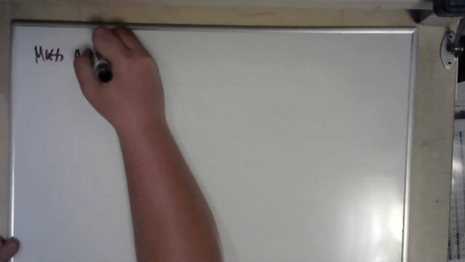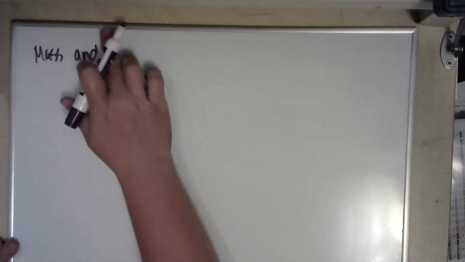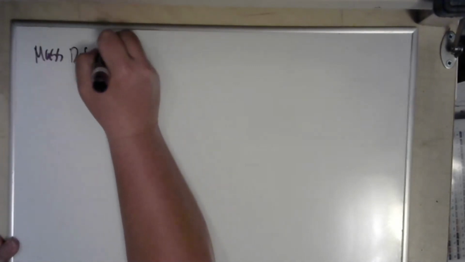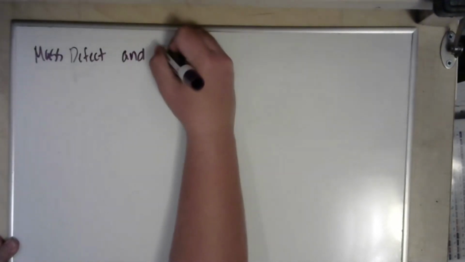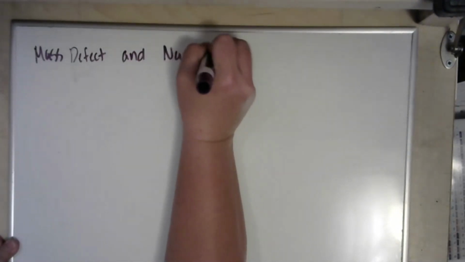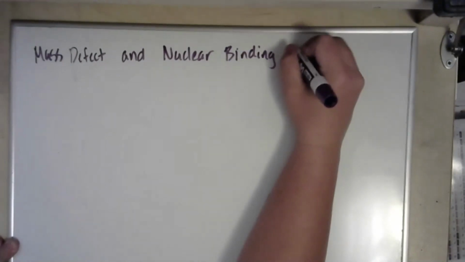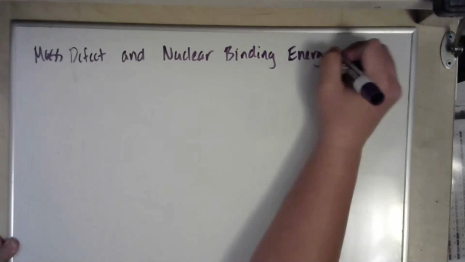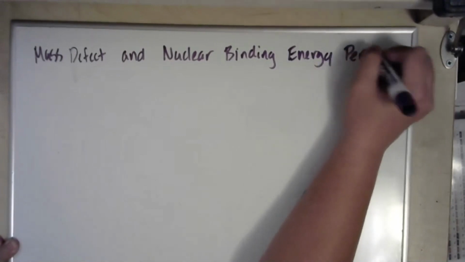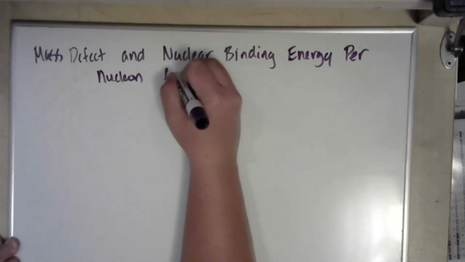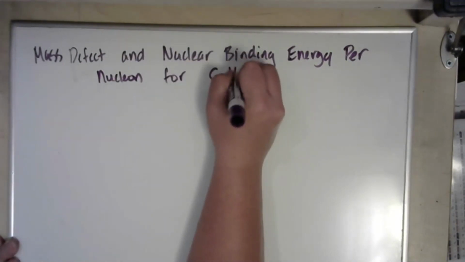You have to calculate the mass defect before you can calculate the binding energy anyway.